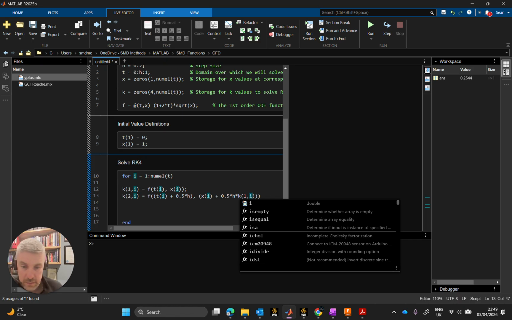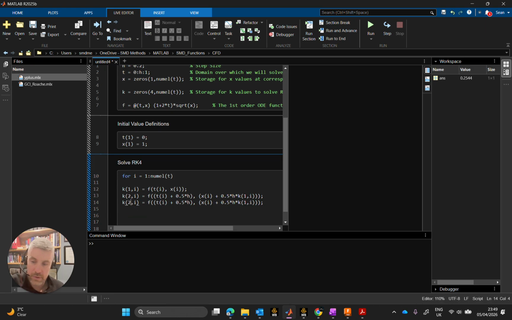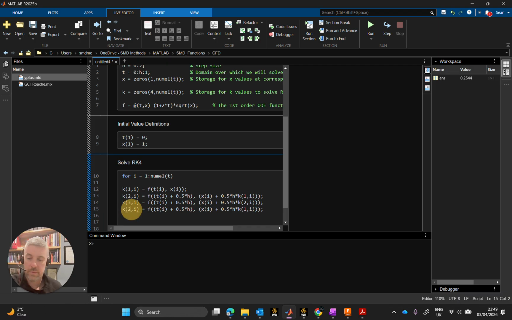That's it there. Semicolon. Now, k3 of i is identical, except instead of using, let's change that 2 to 3, instead of using k1, I use k2. For k4, similar, except I'm not taking half of h, I'm taking a full h in both the independent and dependent variable adjustments, and indeed this will be k3.